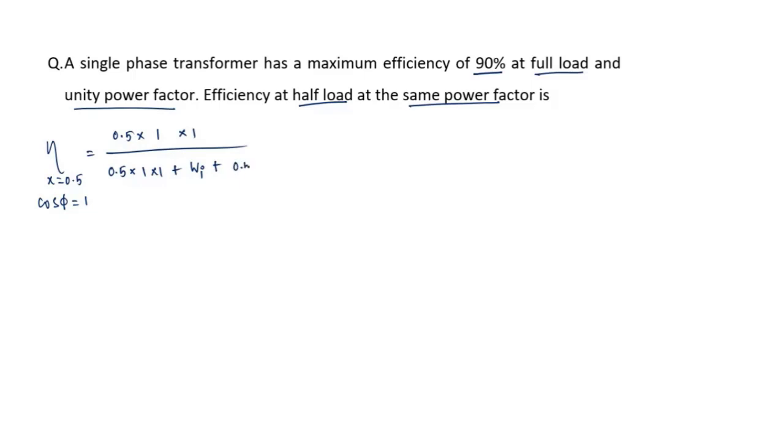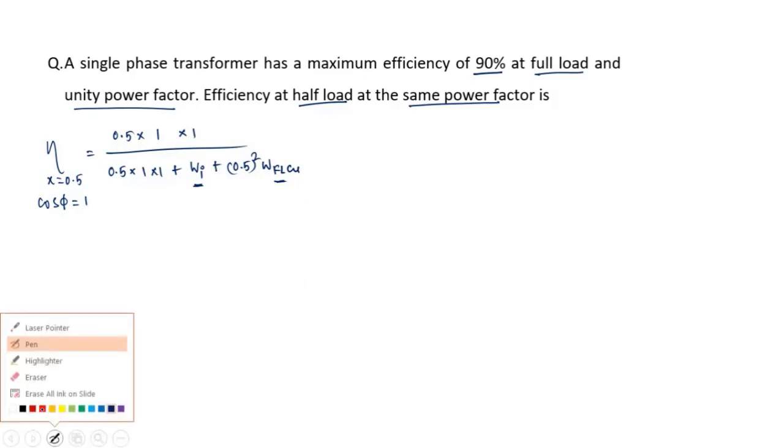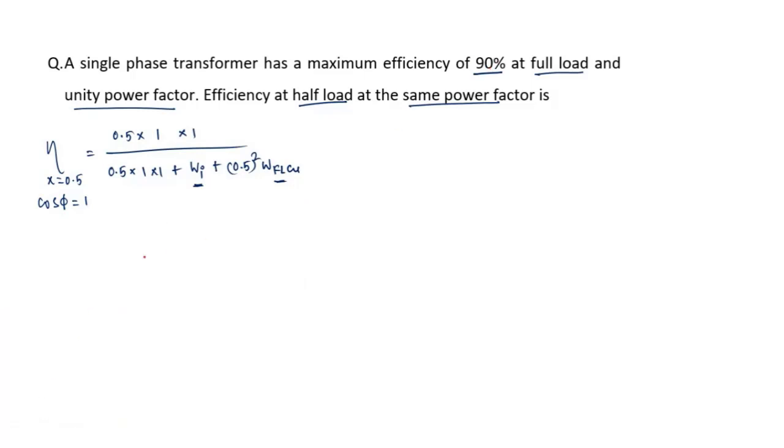Here 0.5 square into full load copper losses. If you want to calculate this efficiency, you need to substitute the iron losses value and full load copper losses value. But we know another data, that the transformer has maximum efficiency of 90% at full load.